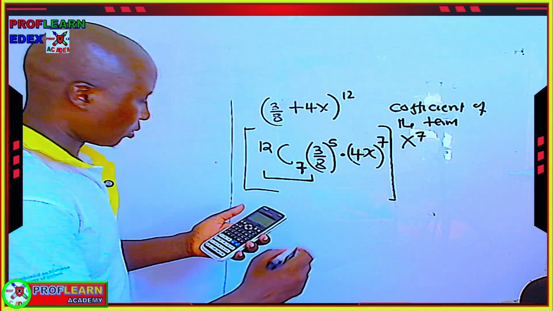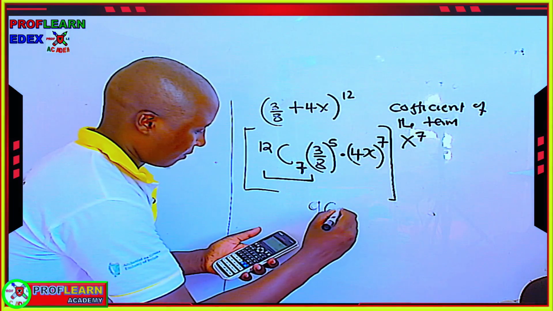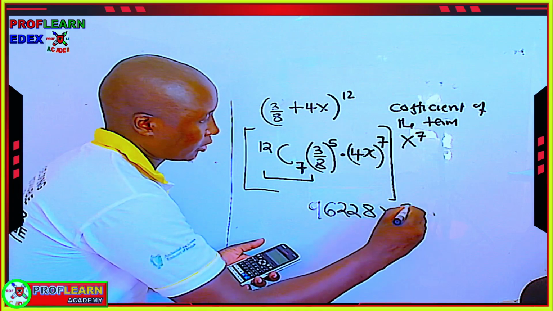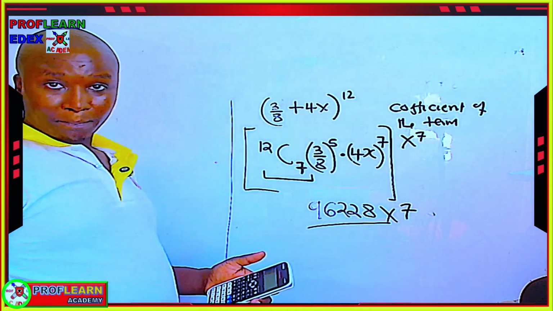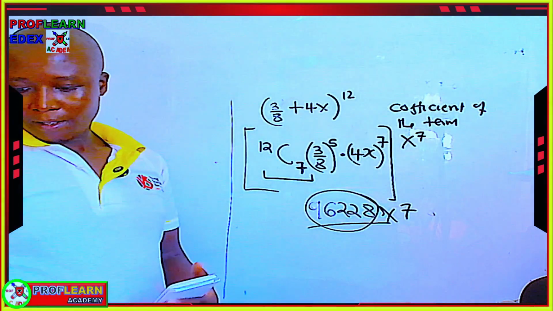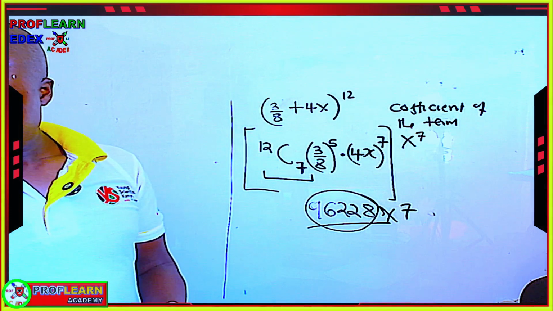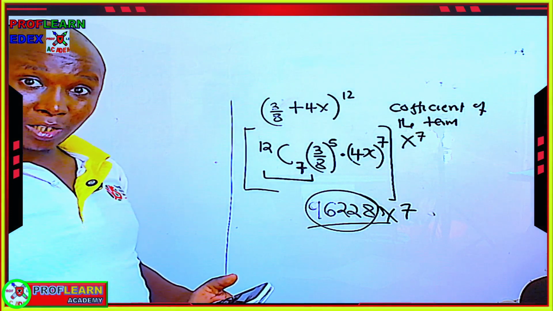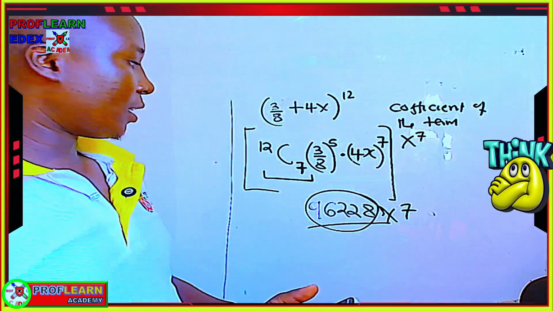That translates to 96,228 x raised to power 7. So the coefficient that you are supposed to state is this number that is here, and that is now the answer that we were supposed to state as far as this question is concerned, which is 96,228.